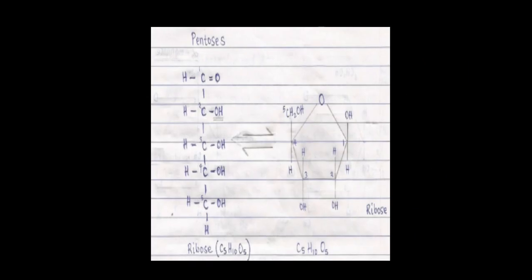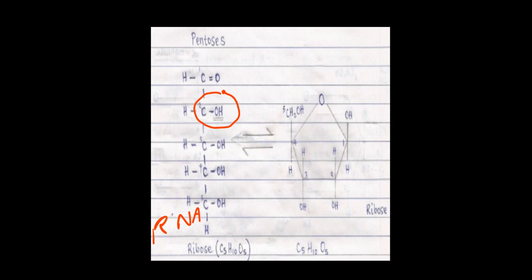So this is another diagram showing a pentose. In this case, this is the straight chain structure of a ribose. Then this is the ring form structure of a ribose. On position number 2, for a ribose, you have an OH, and ribose helps in forming RNA, as we'll be talking about in other sessions.